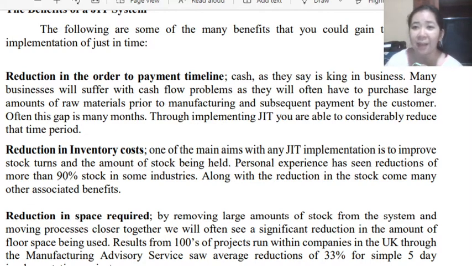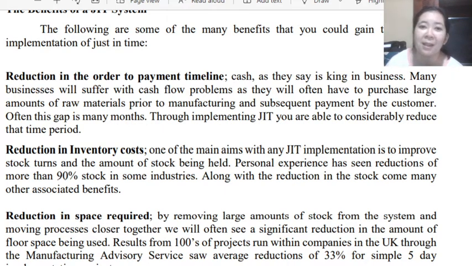They already spent their cash for purchasing the raw materials, but the inflow coming from the proceeds of the sale from the customer takes time, or longer time. So there is a gap. This gap may be many months. Okay, so therefore the entity will suffer in their cash flow.